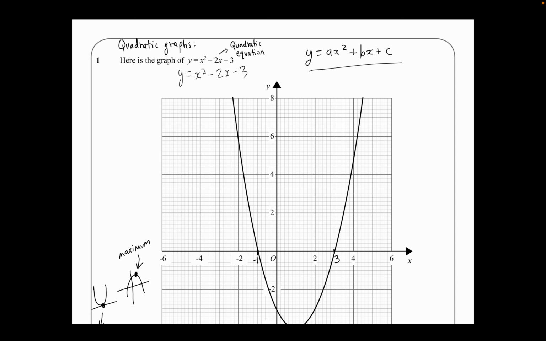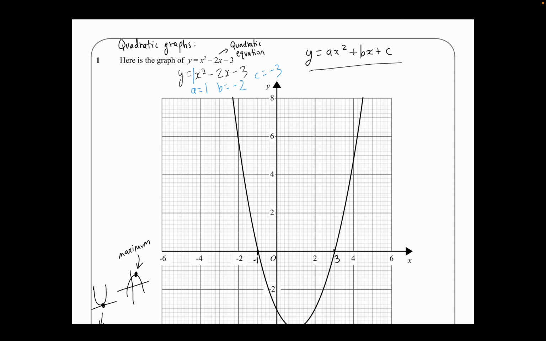So what I mean is it's going to be the 1 here, -2, and -3. These are going to be your a, b, and c values, since a, b, and c are all constants. So here a is equivalent to 1, b is equivalent to -2, c equals -3, okay?